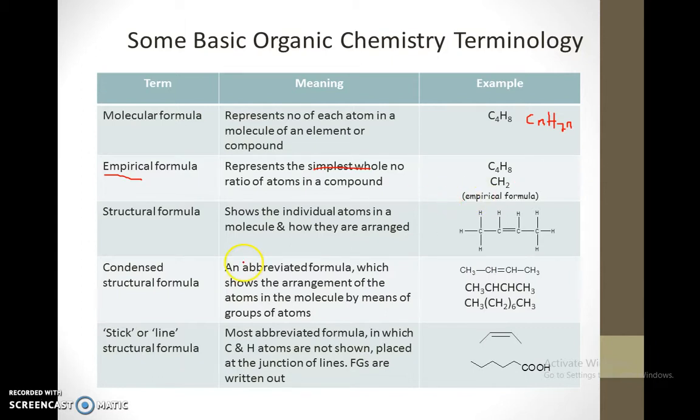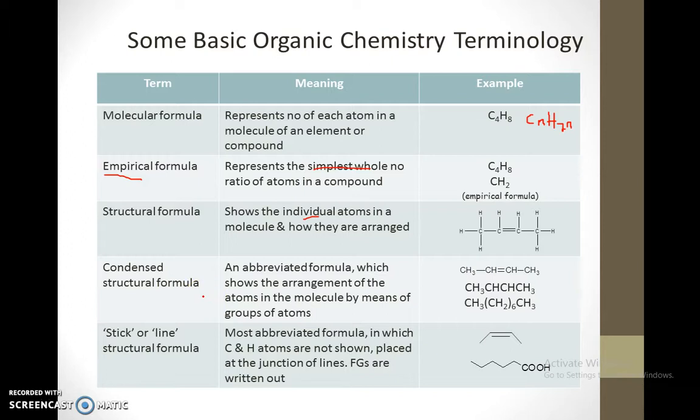Next, structural formula. Structural formula shows the individual atoms in a molecule and how they are arranged. For example, butene again. The structural formula of butene means you show the individual atoms in the butene here, so you open all the bonds between the atoms. Next, condensed structural formula.